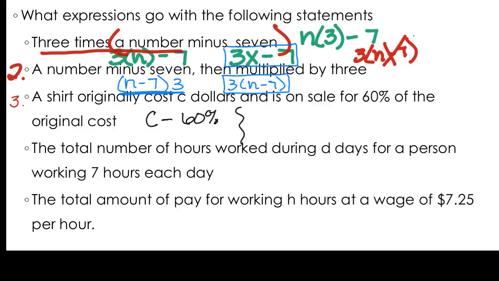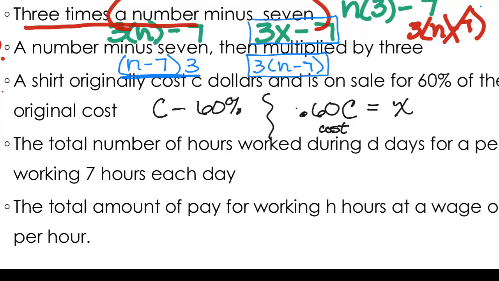I might be wrong, but I put 0.60 times C because I thought it would be like C and then equals X. Now, what is 0.60 times C? What is that actually a part of for this shirt? That's the cost? Okay. What do you guys think about that? Is 0.60 times C the actual cost?